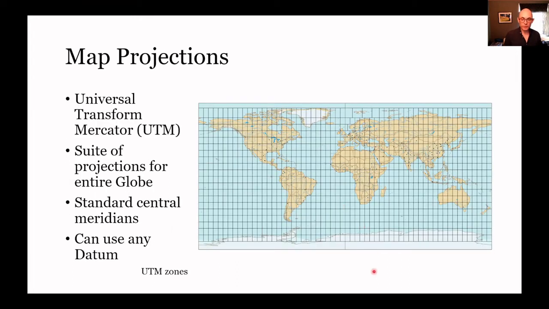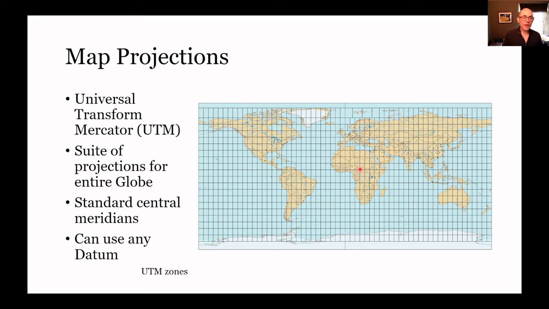This system has been applied to the entire globe because we have this general pattern of being stretched out north to south. Obviously it's not true everywhere, but it's sort of true to a certain degree. And better this way than the other way around, slightly.